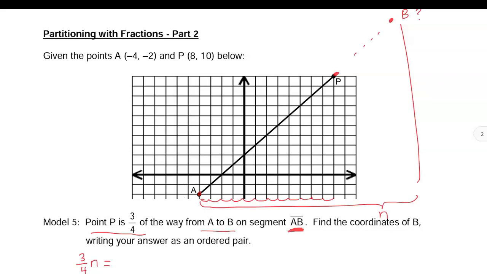So P is 12 units horizontally from A, which is 3/4 of the way to B. So we could set up this equation here, where N is the distance from A to B.